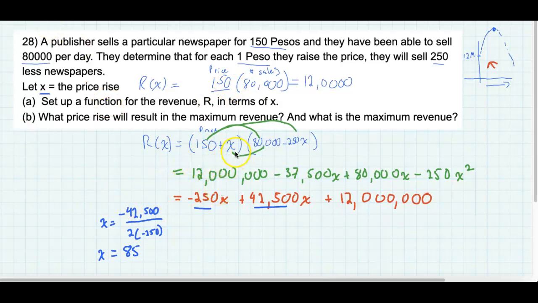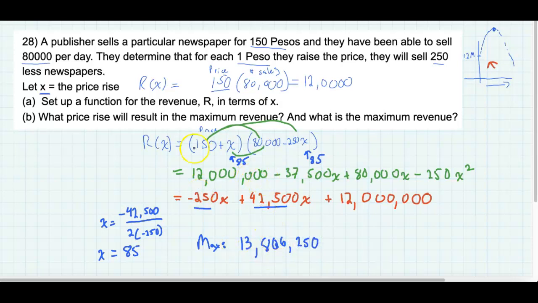Now, to find the revenue, I can substitute 85 back here, and also here for x. I find it easier. When I substitute that out, that's when I'm going to get the maximum revenue, and it should be 13,806,250.